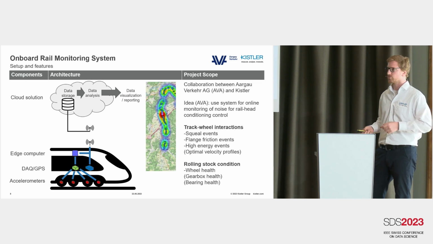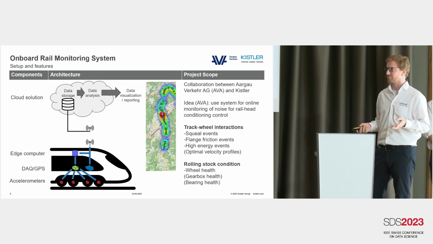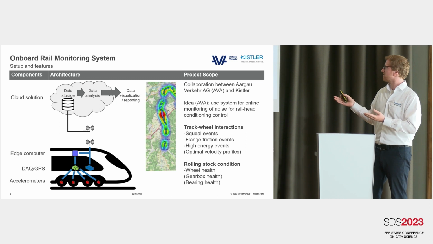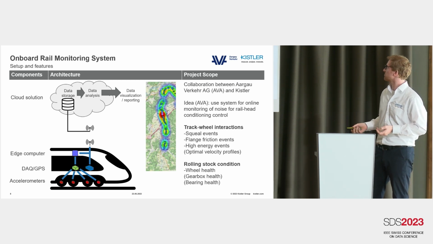The signals go to an edge computer, which pre-digests the data, cuts out unnecessary parts, performs some initial calculations, and then sends the data to the cloud, where the data is stored, analyzed, maybe converted into some format that has a value to a customer. Raw acceleration data, no one can interpret that, whereas at the end of the day, you need something that's interpretable, understandable for the end customer.